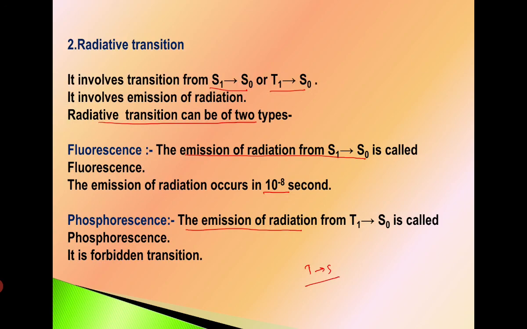Next, for short answer questions, the phenomenon of fluorescence with examples, phosphorescence with examples, and chemiluminescence with examples is important. And lastly, the Jablonski diagram is also very important for the final examination.